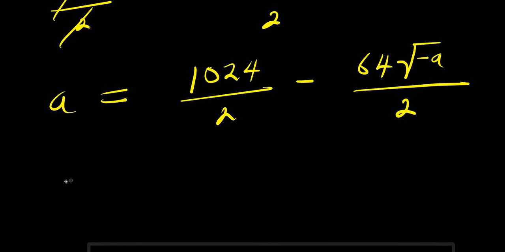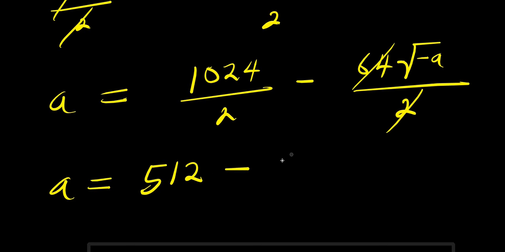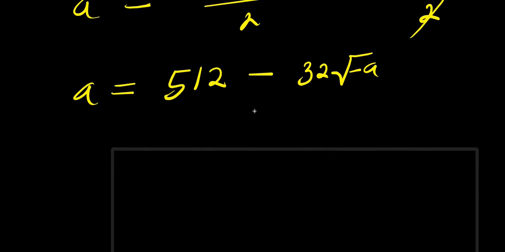So from here, I have a equals 512. Then we have minus, divide this, we have 32 root negative a. So what do we do?